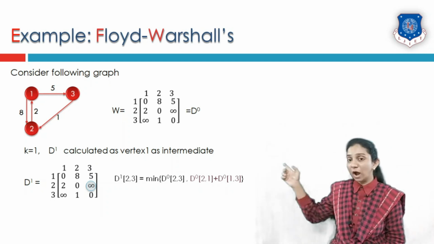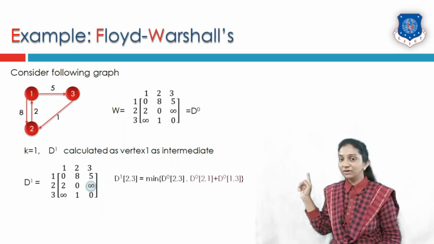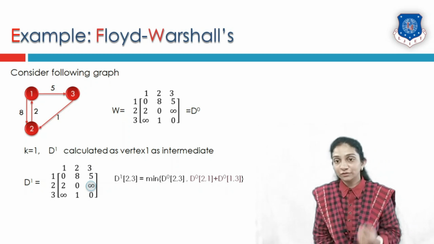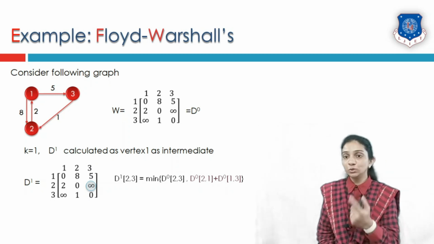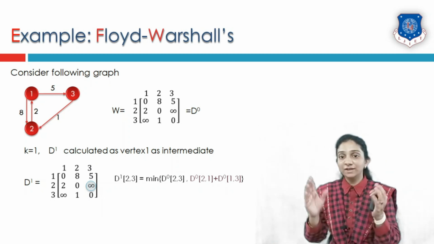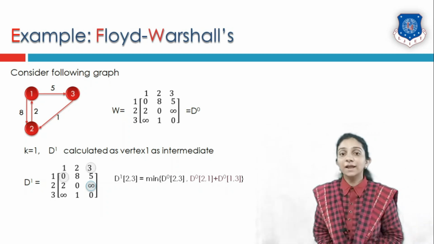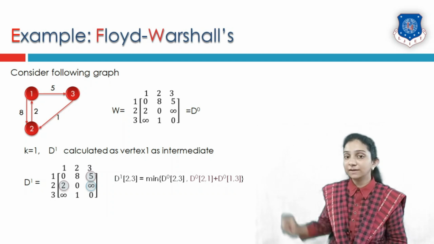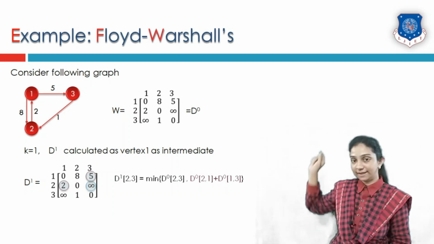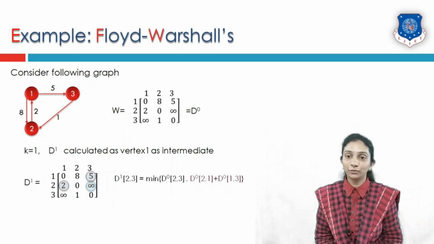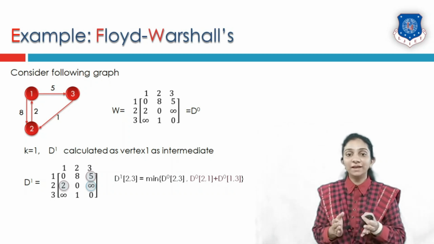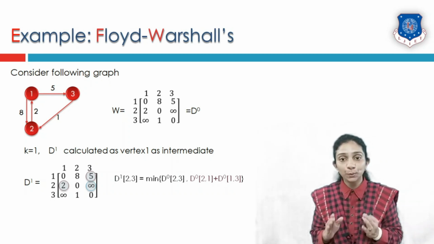The expression is D1 of 2, 3, so we read it as D of 2, 1 plus D of 1, 3. Is there any path from 2 to 1 and 1 to 3? We will add up those two cells. These two cells have values 2 and 5. The first cell is 2, 1 and the other is 1, 3. So it becomes 2 plus 5, which is equal to 7.